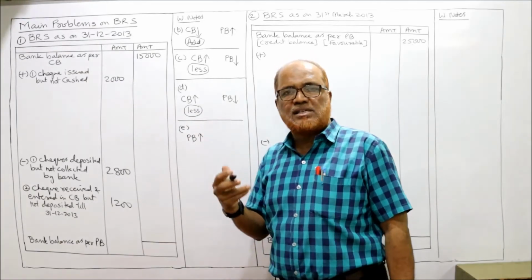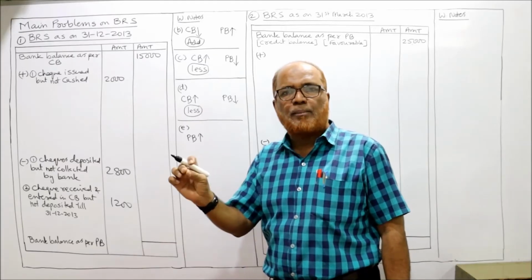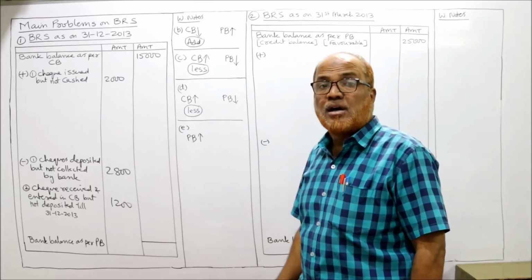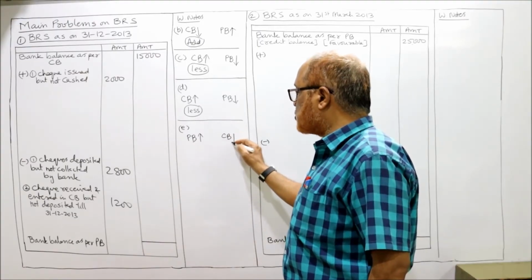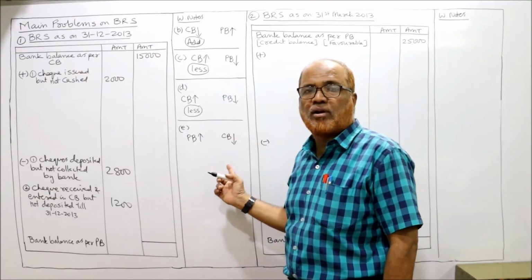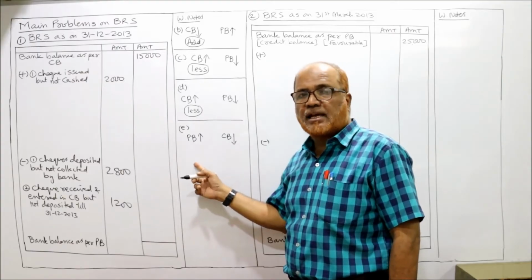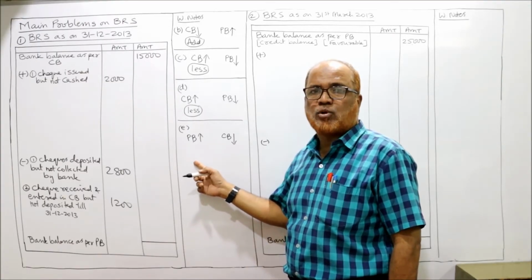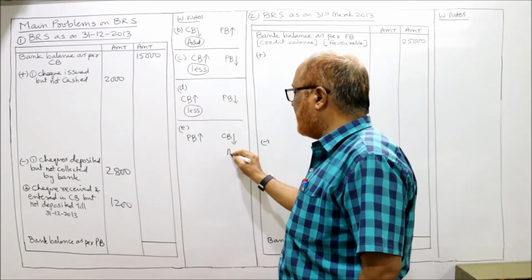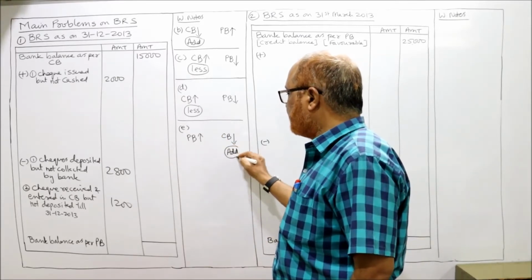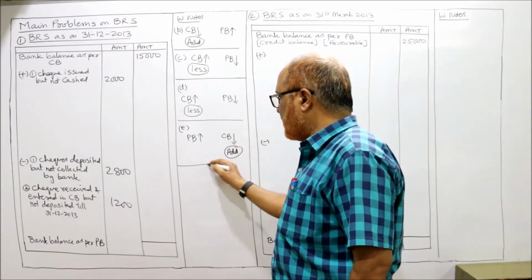But it is not recorded in the cash book, so the cash book balance is still showing less balance, whereas the banker has collected and credited it in the passbook. Our starting point is the cash book. It is showing less balance, so what we have to do is add.